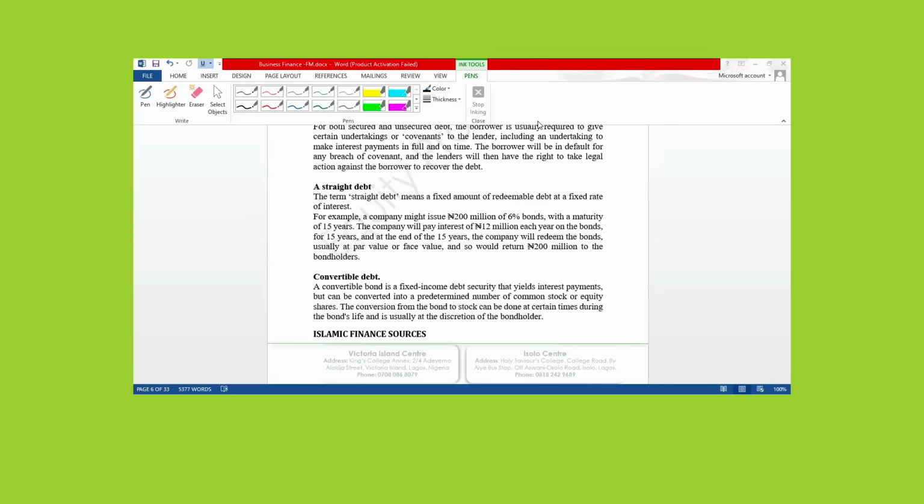If you look at the legal form, according to company law, preference shareholders are part of equity. Law regards preference shares as part of equity finance.